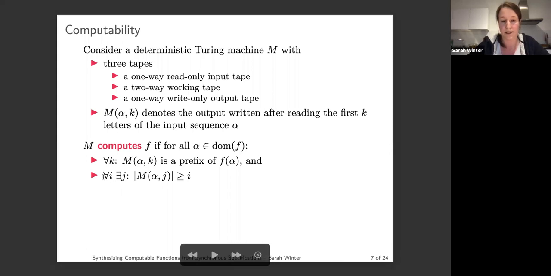For every output length i, we have some j, and if we read j letters of the input sequence alpha, then we are guaranteed that the output is at least i letters long. So the machine produces more and more output over time, and the output is a prefix of the function value assigned by the function. So this means for a Turing machine to compute a function f.